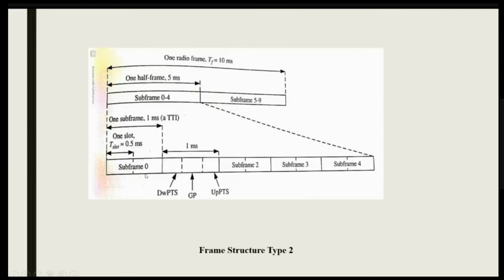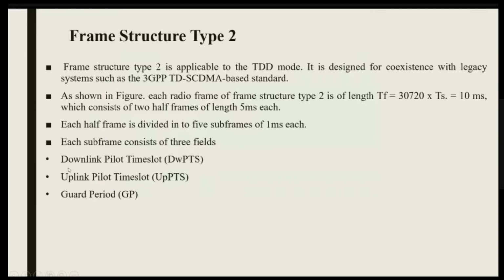Can you make out here? Each special subframe is divided into 3 fields: DwPTS, GP, UpPTS. That is downlink pilot time slot, uplink pilot time slot, and guard period.